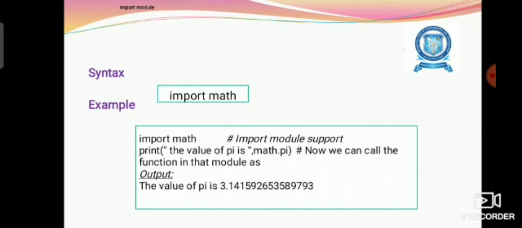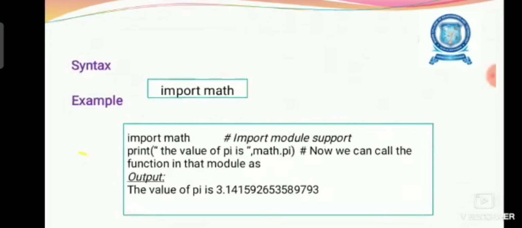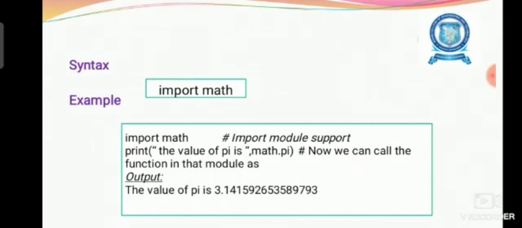Math is one of the modules which has many mathematical functions, constants, methods, etc. So in this small program example, we want to access the constant value pi from the math module. For that, we have imported the math module into our program, so we have added the statement import math.